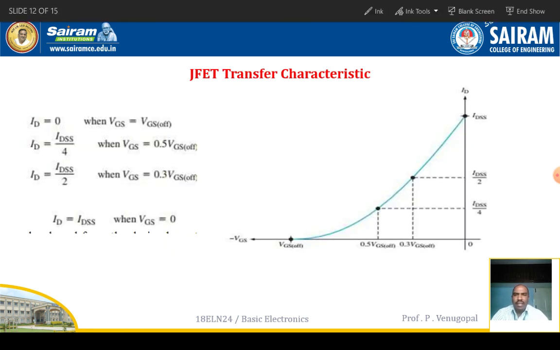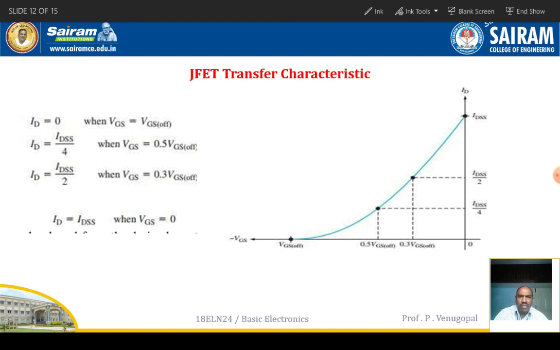Next is the JFET transfer characteristics. Transfer characteristics is the input characteristics, which is the graph of the input voltage VGS versus output current ID for a constant value of VDS. Here you are observing, for the different values of ID, the different values of VGS. ID is equal to 0 when VGS is equal to VGS off.